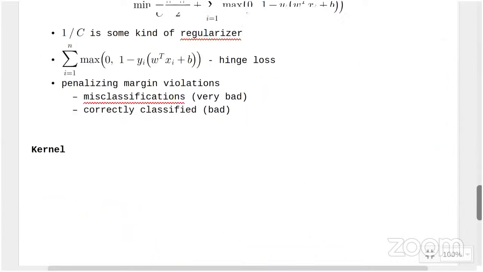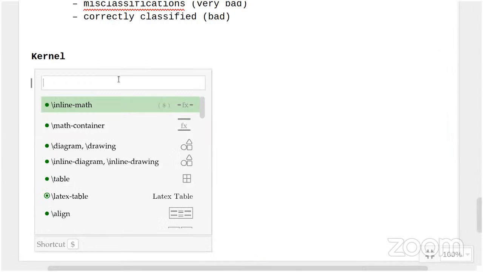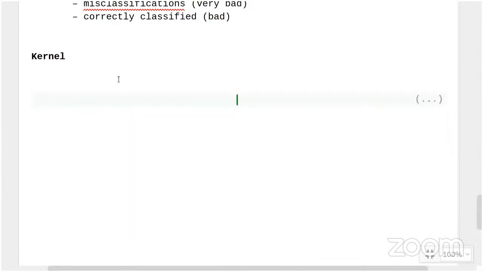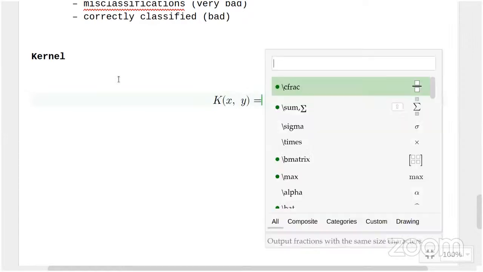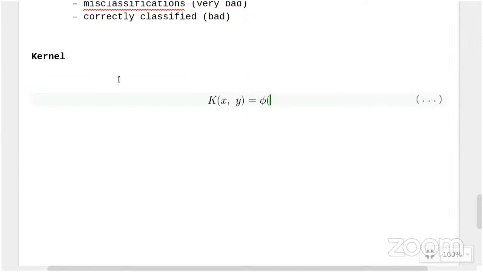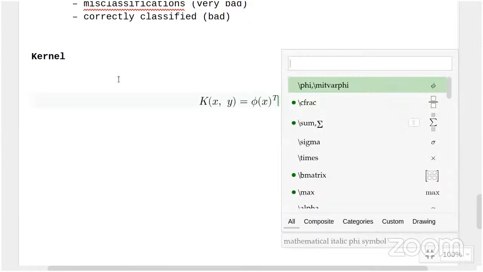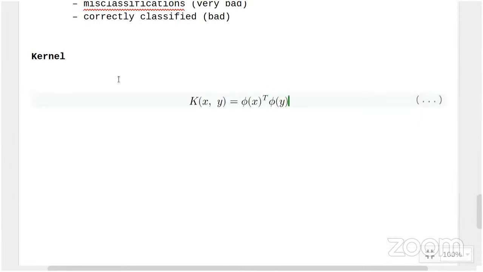So the idea of a kernel is basically this: given two vectors x and y, can I come up with some expression which is equivalent to a dot product in some higher dimensional space? This is the whole idea of a kernel.